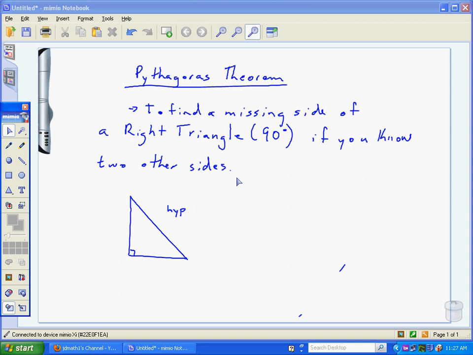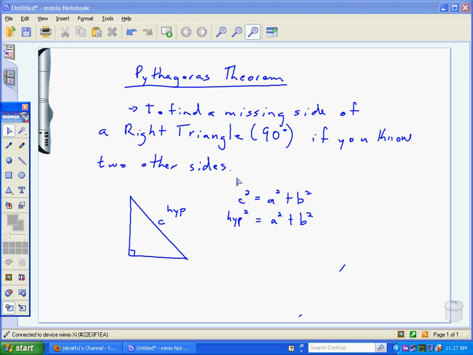In Pythagoras theorem, we always call our hypotenuse C, no matter what the letters are, because Pythagoras theorem looks like this. C squared equals A squared plus B squared. And some people might just say the hypotenuse squared is equal to A squared plus B squared.